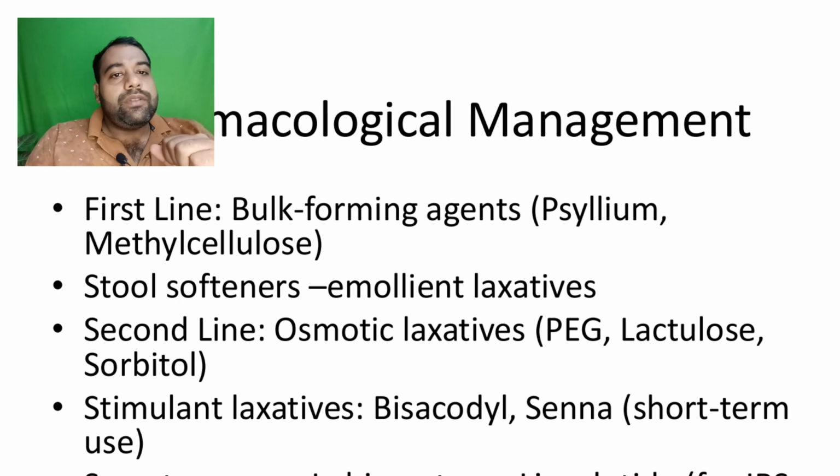Then comes your second line, which is the osmotic laxatives. Among the osmotic laxatives there is milk of magnesia, polyethylene glycol, lactulose, and sorbitol. Milk of magnesia is typically contraindicated in patients with congestive cardiac failure as well as chronic renal disease.